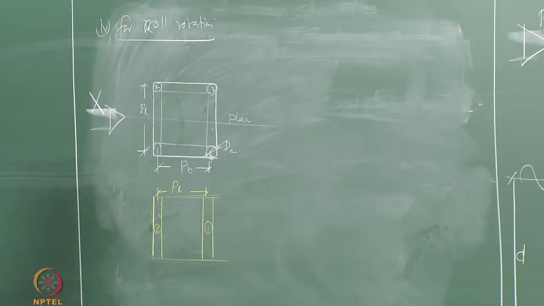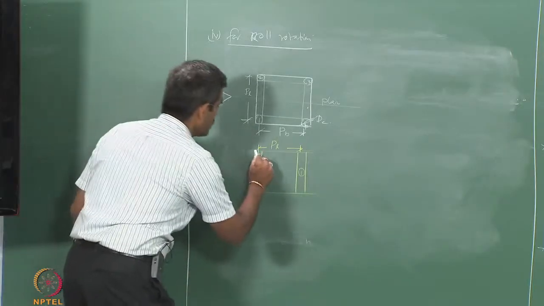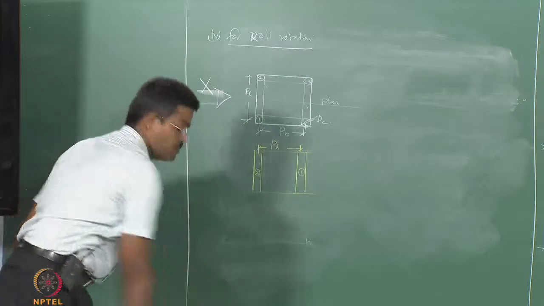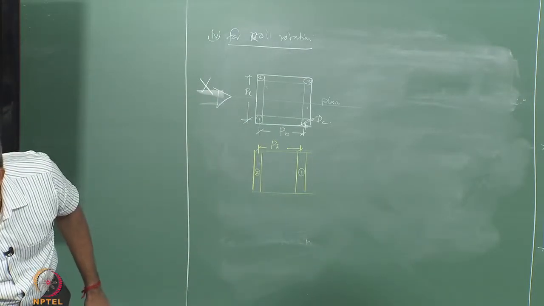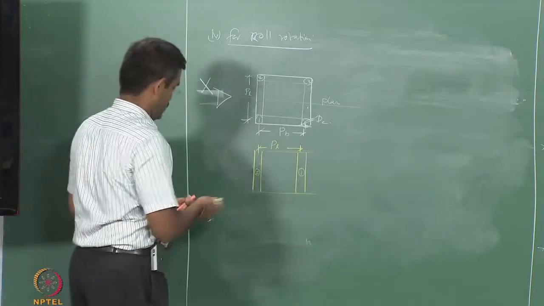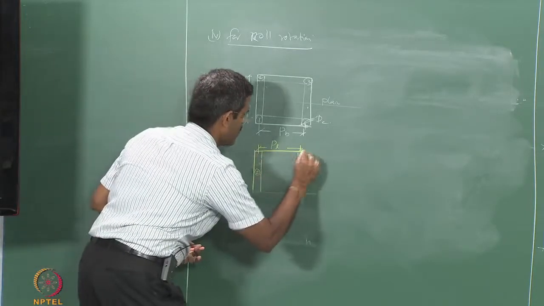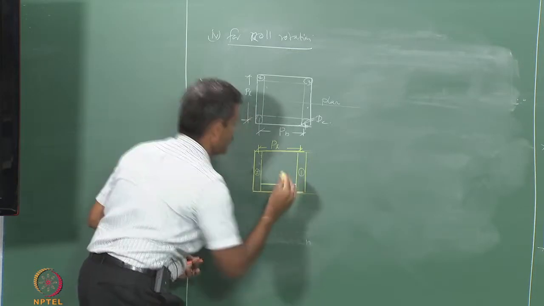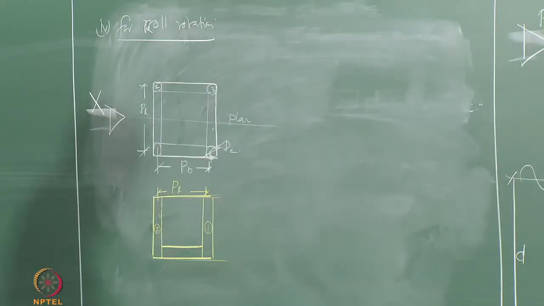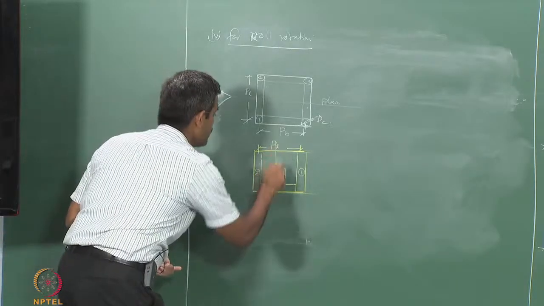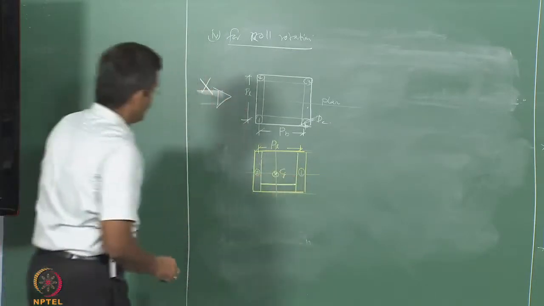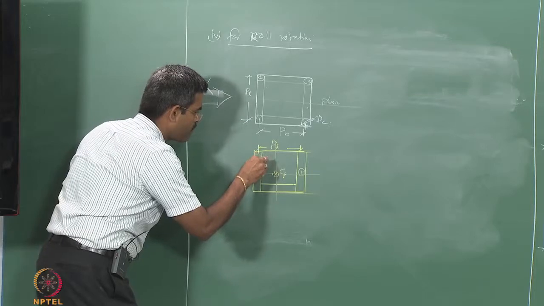So now this rolls. Let us now mark the rolled value. This is my pontoon. Let us say I have the CG at this point. Now I am drawing a new configuration.